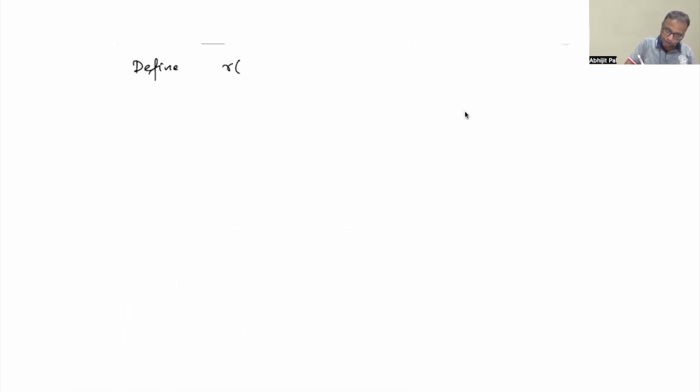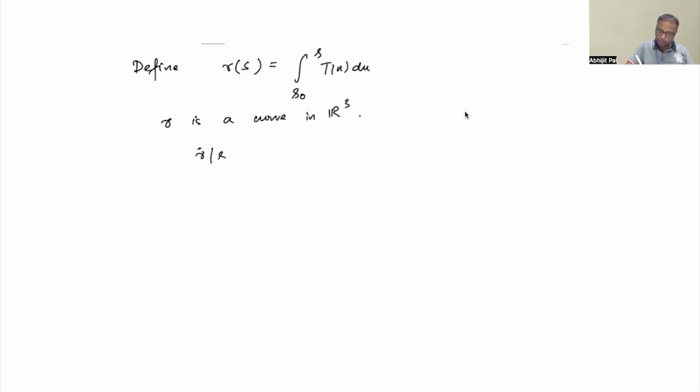So let us define gamma of S to be the following integration from S naught to S of T of u du. Then this gamma is a curve in R3. And what is my gamma dot S?